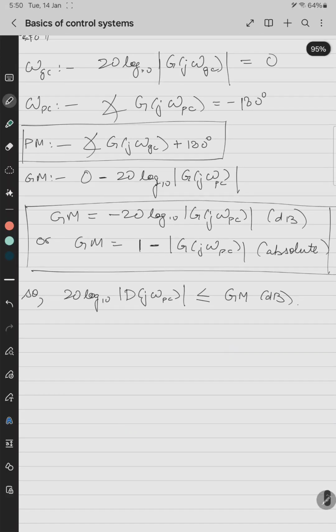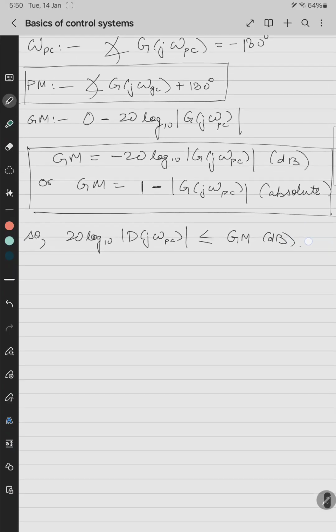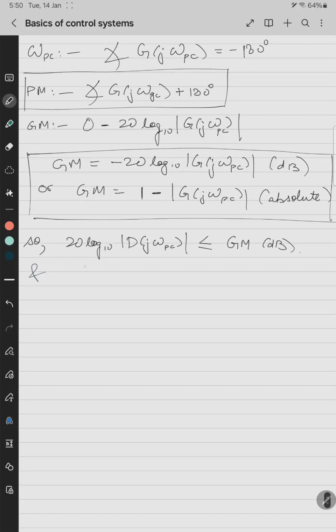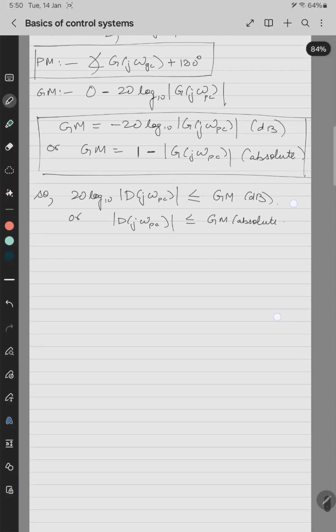Maximum means less than or equal to at the phase crossover frequency. Or I'll write mod of D of j omega pc should be less than or equal to gain margin in absolute, like this much gain I have to add.